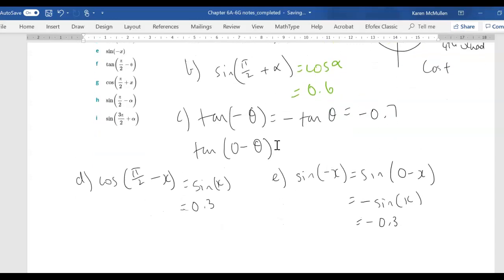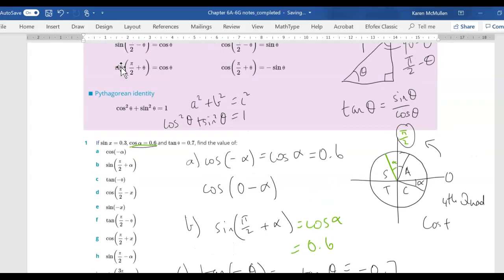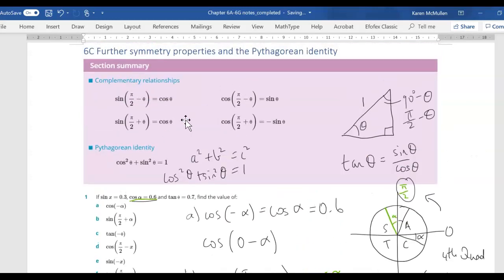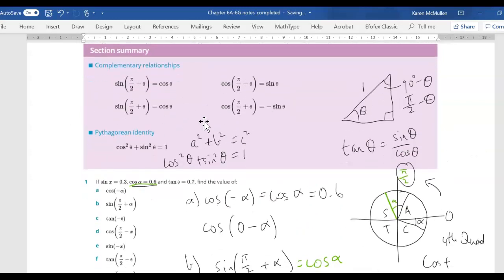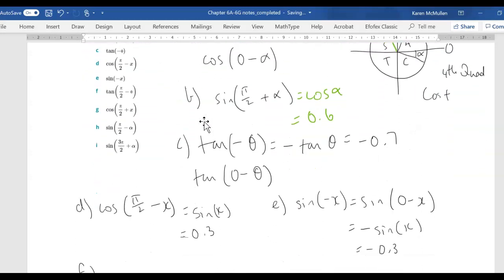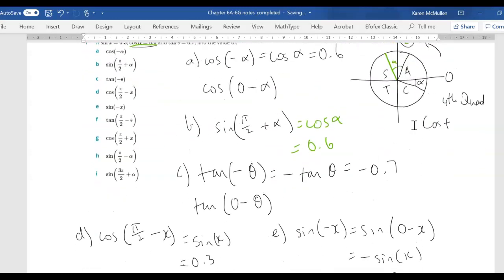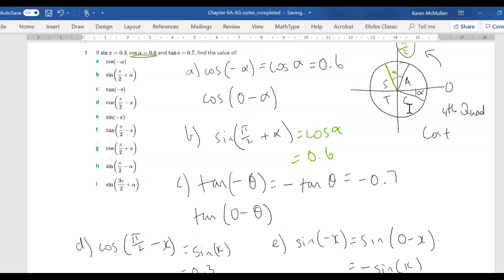Let's have a look at question F. So F, we have tan, and you can see all our complementary relationships don't have tan. So we do need to work out which quadrant we're in.